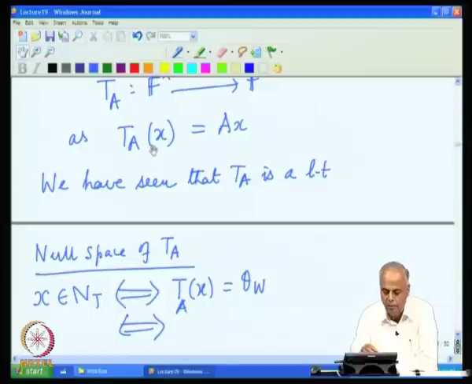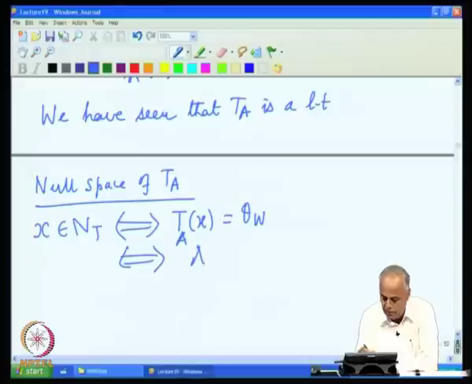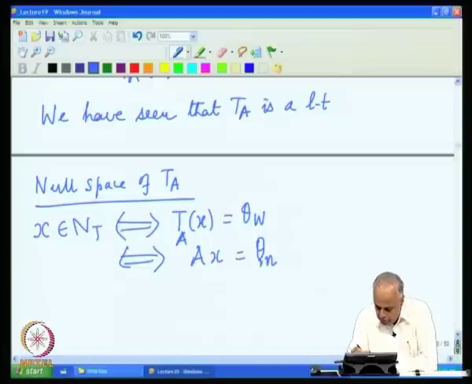So, the image of any vector is obtained by pre-multiplying it by the matrix A. Therefore, T_A of x is A x equal to theta_W. What is theta_W? It is theta_m, because W is F^m.